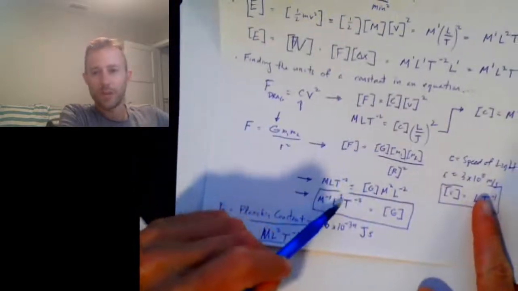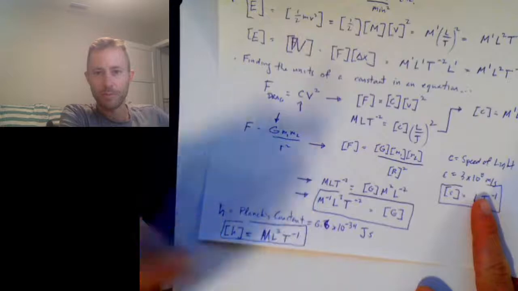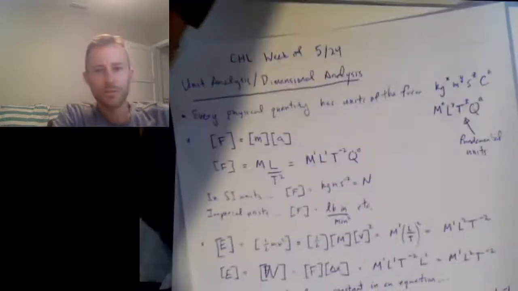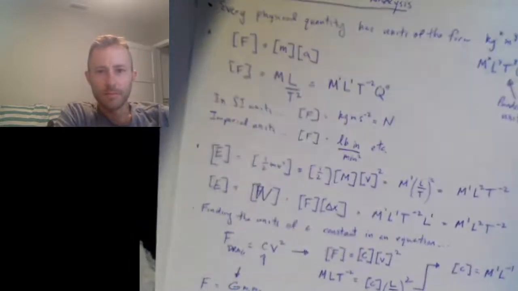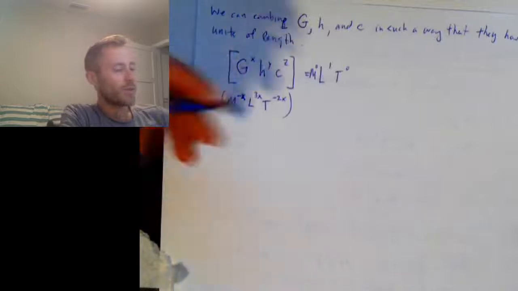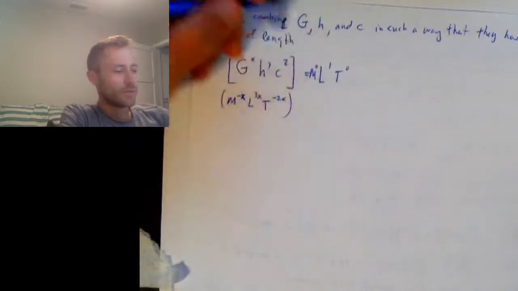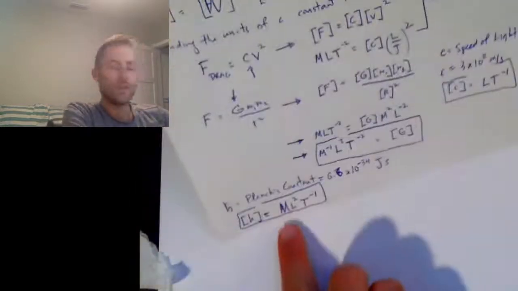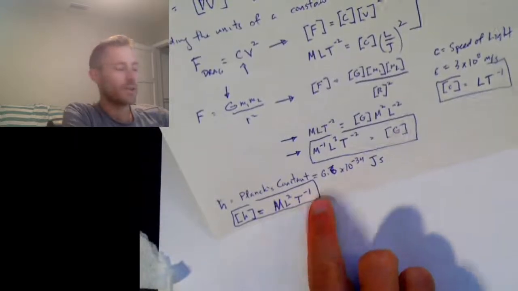Okay, so all I did was I took this and I raised it to the xth power. Okay? Maybe I should zoom in one more. Okay. Then I have the units of h to the y. Well, h has fundamental units of m l squared t to the minus 1.